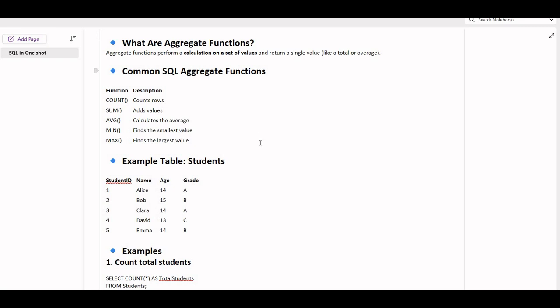So what are the common SQL aggregate functions? One is COUNT, another is SUM, AVG, MIN and MAX. COUNT counts the number of rows.